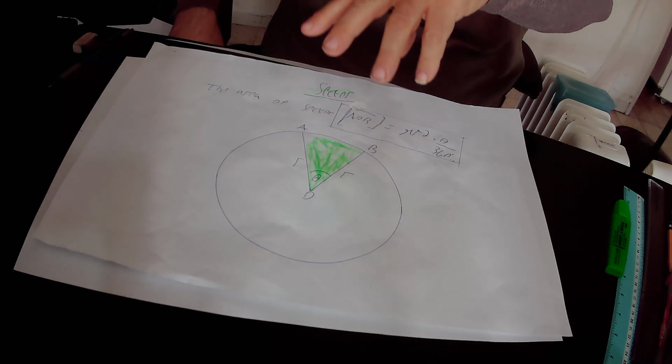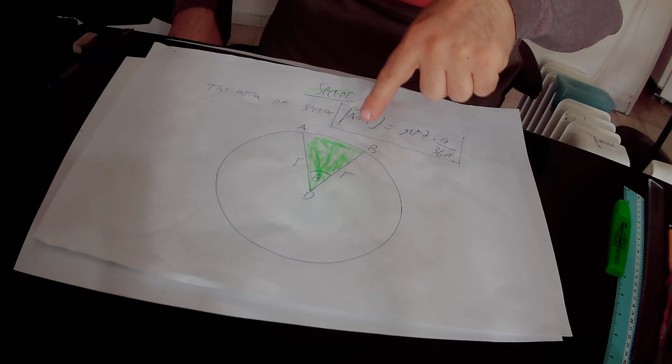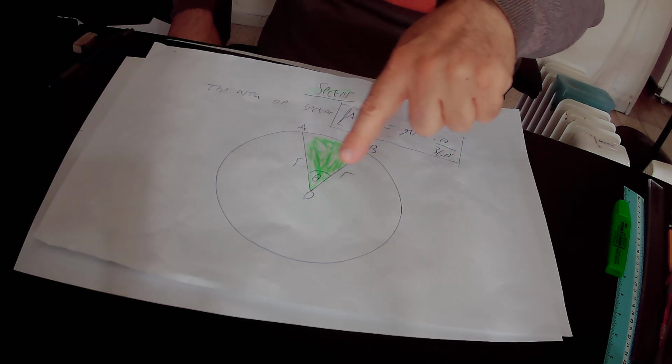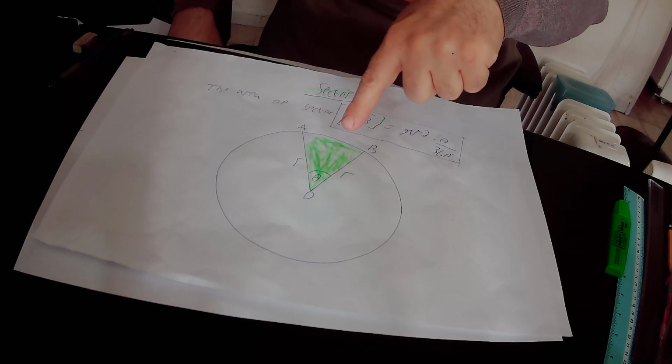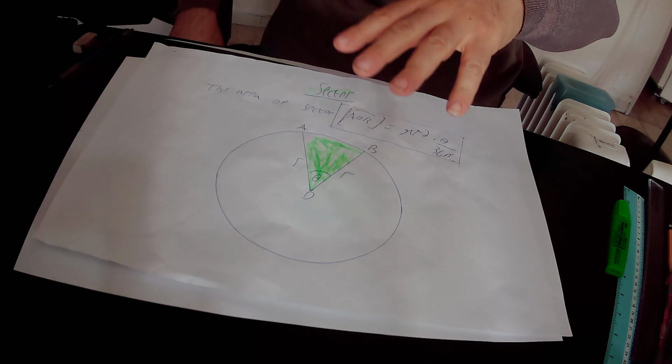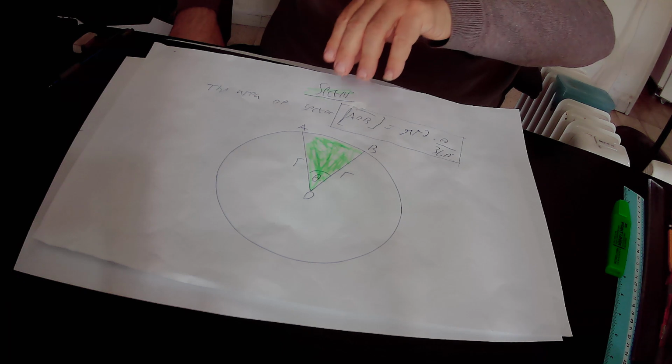In conclusion, the area of this sector AOB equals pi r squared, that is the area of the circle that contains the sector, times theta, that is the angle between the legs of the sector, over 360 degrees. So pi r squared times theta over 360 degrees equals the area of the sector.